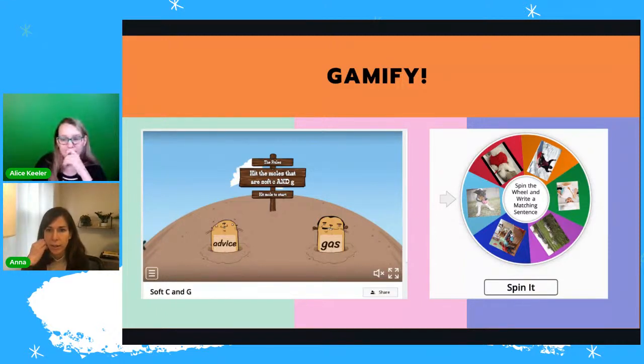They're going to write a sentence regardless, but the fact that they get to spin first and then write the sentence takes a lot of the pressure off of the prompt. The student is thinking about which one is it going to be, and you're going to see a lot less resistance to the prompt if you just put a spinner in.